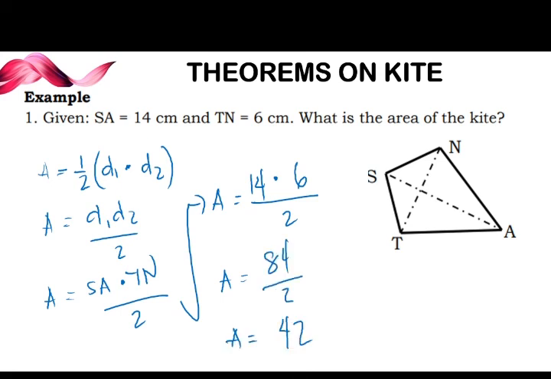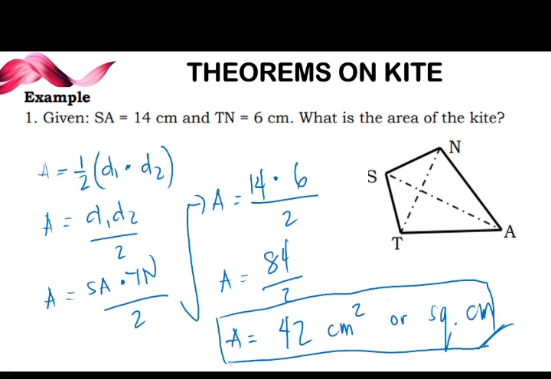Therefore, the result is 42. Don't forget the unit of measurement. So, since centimeters yan, centimeters squared or square centimeters. Alright? Final answer. Okay? Now, we're done with this example. That's how you find the area of a kite.